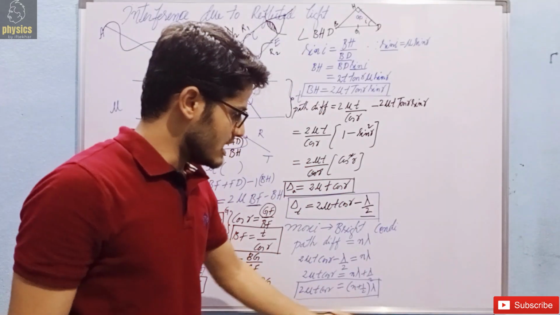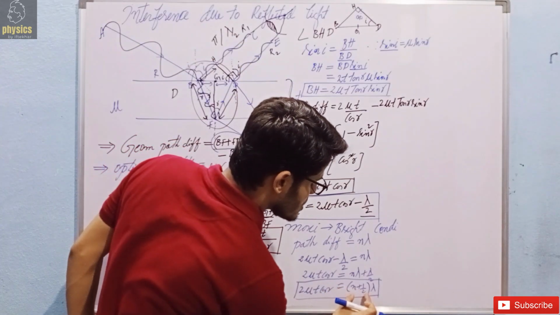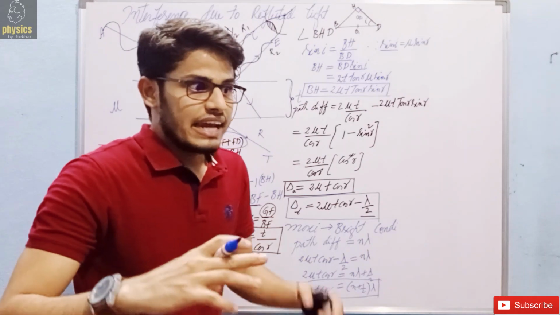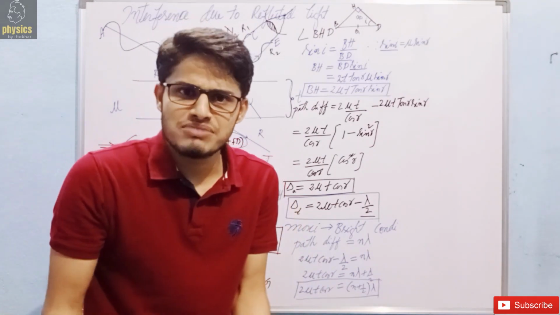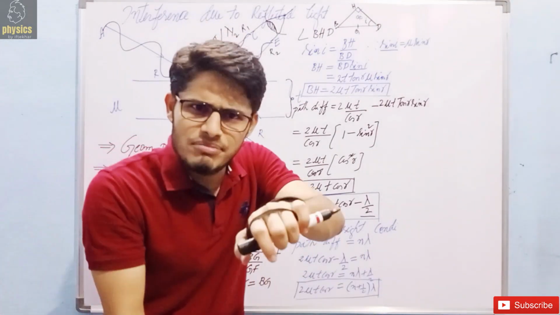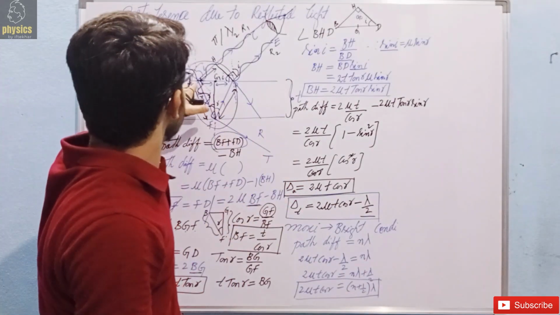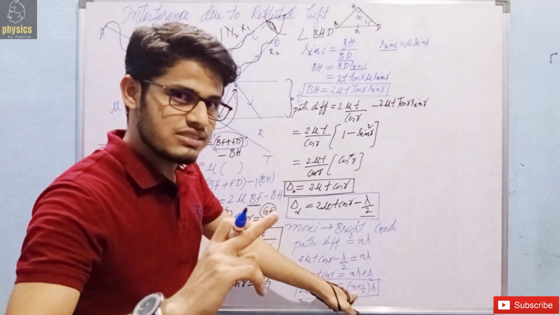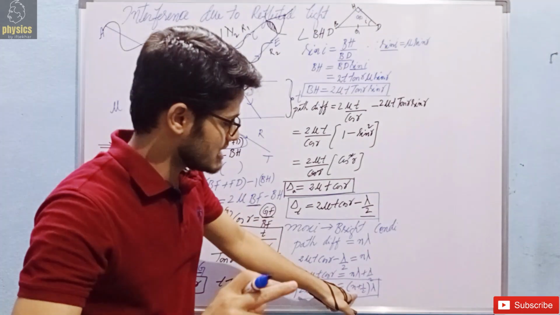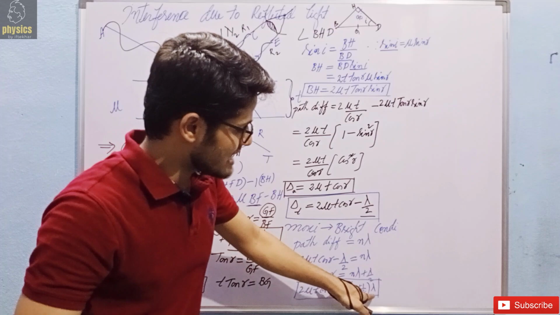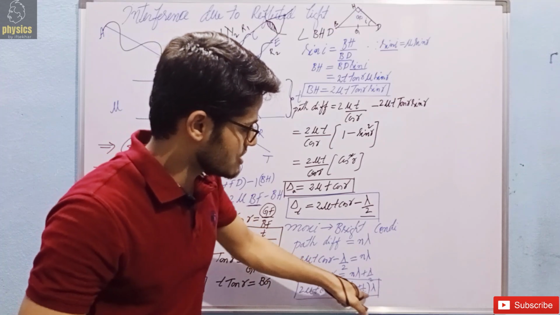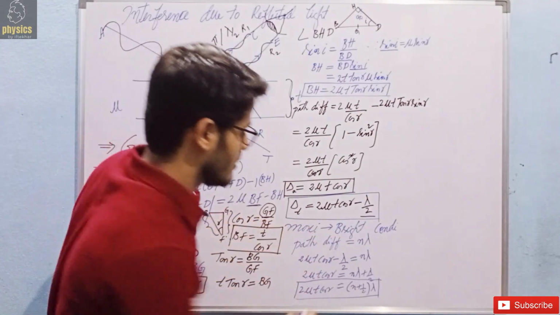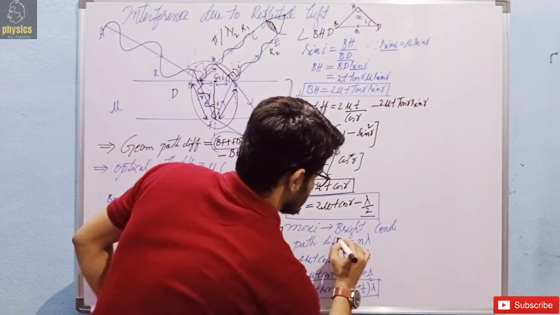Generally, this expression represents that you are going to get a dark fringe. But here the condition got flipped. Initially, in the Young's double slit experiment and Fresnel biprism experiment, we used to get this path difference expression for destructive interference. But here we are getting it for the bright fringe.